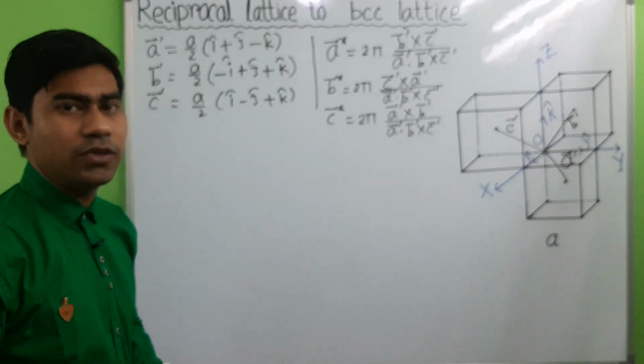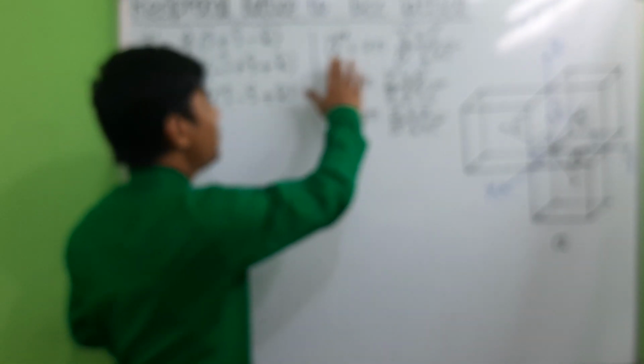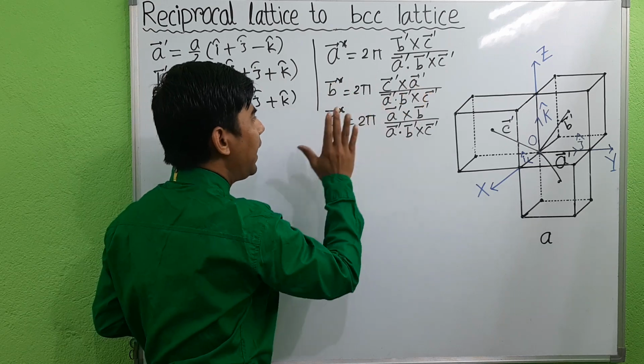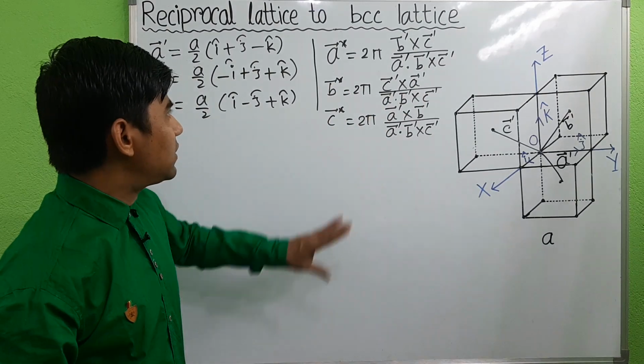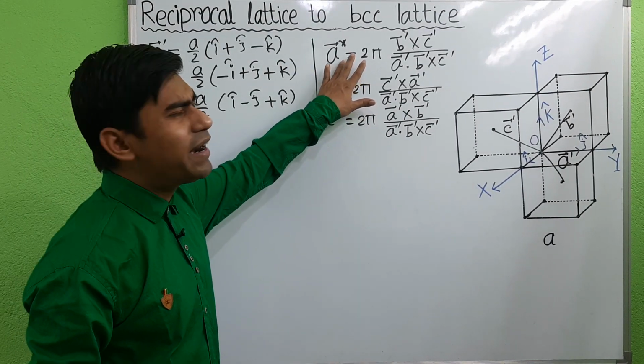So these are the reciprocal lattice vectors. We first calculate a vector star.